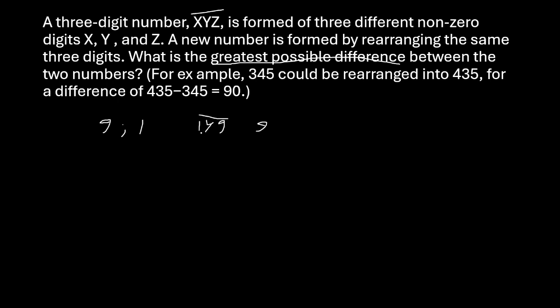Well, we have a 1, but we know that the three digits are different, so Y couldn't be 1. Therefore, Y is greater than 1. Therefore, the next digit would be Y, and then 1.